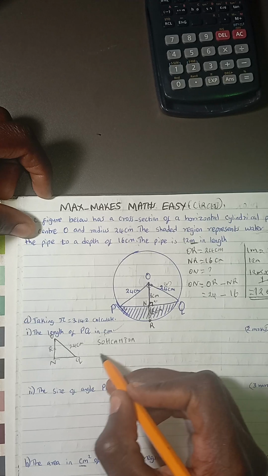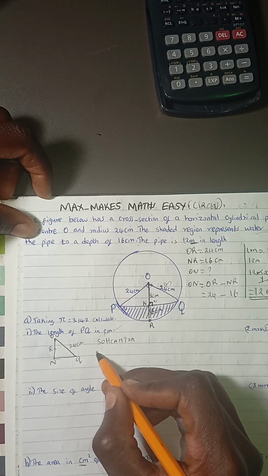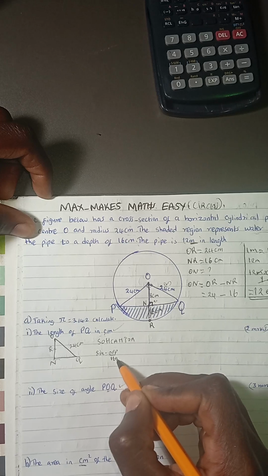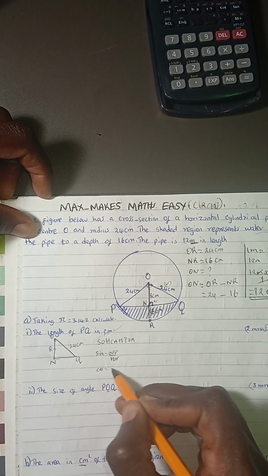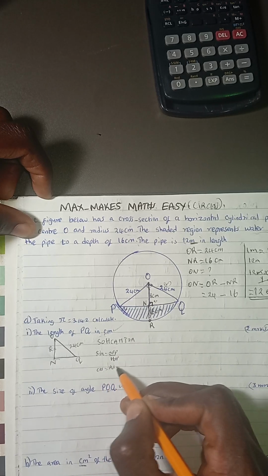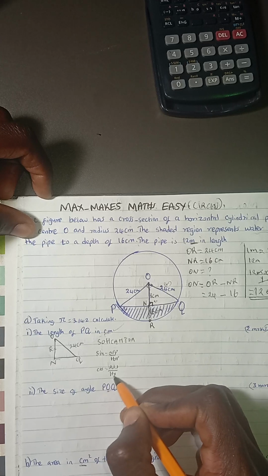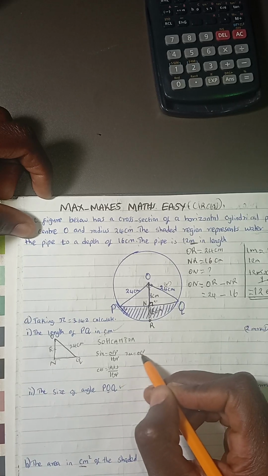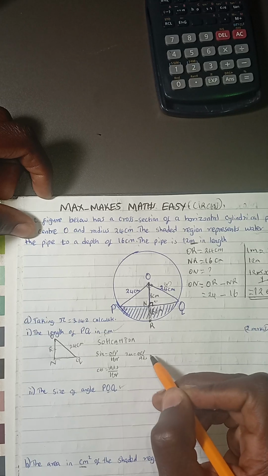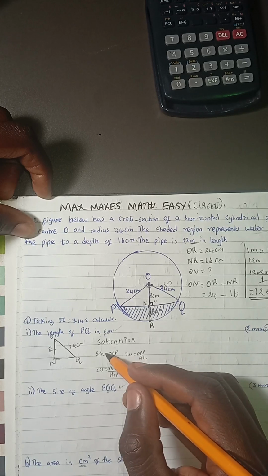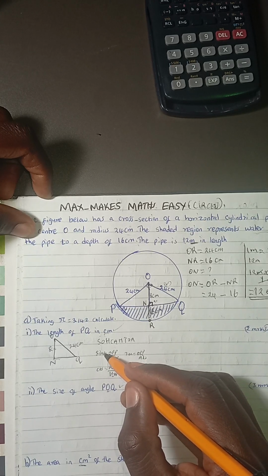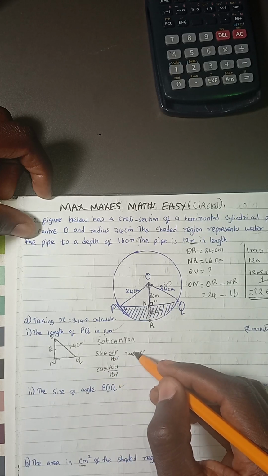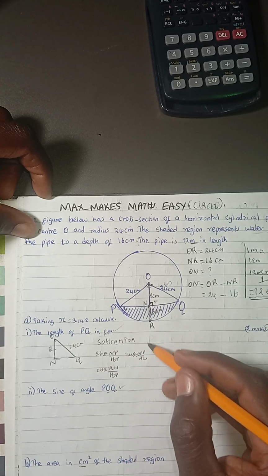So we say sine is equal to opposite over hypotenuse, cos is equal to adjacent over hypotenuse, and tangent is equal to opposite over adjacent. So it is sine theta, cos theta and tan theta.